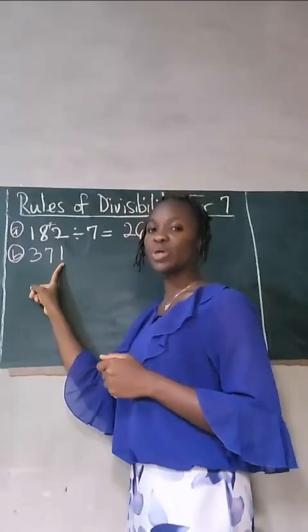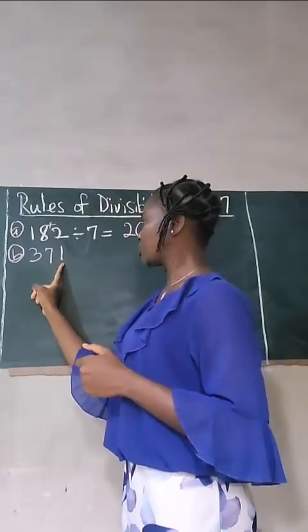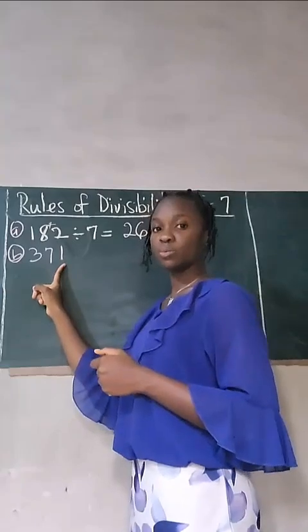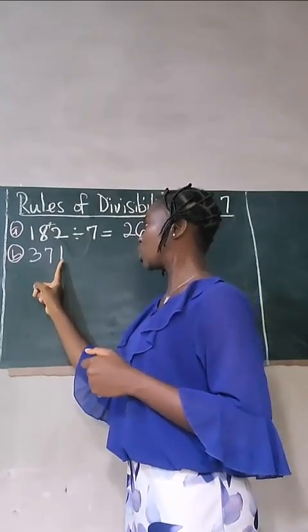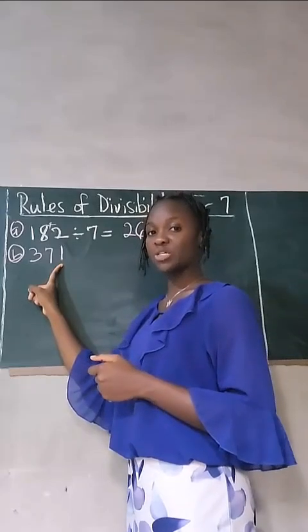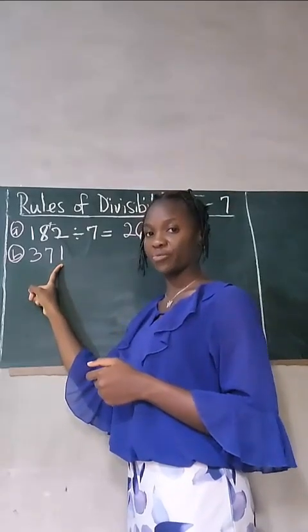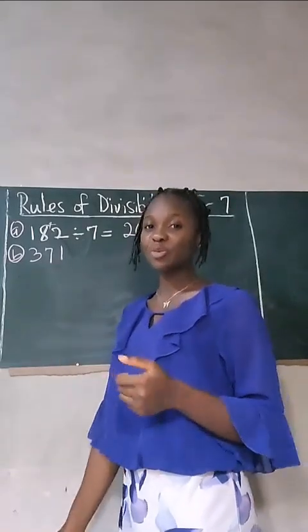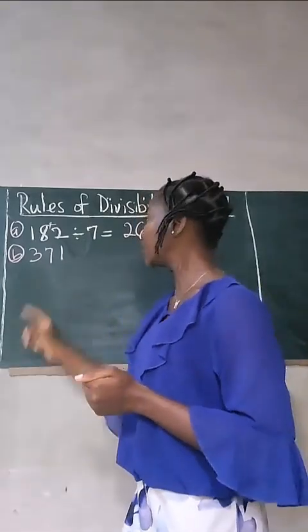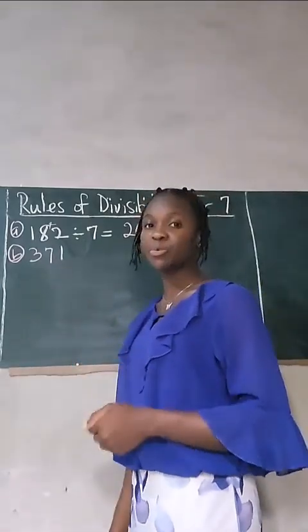So let's double it. We have 2. The rest of the digits we have 37. So 37 minus 2, which is what we got when we doubled 1. That's 35. So is 35 divisible by 7? Yes, 35 is divisible by 7. So that means that 371 is divisible by 7.